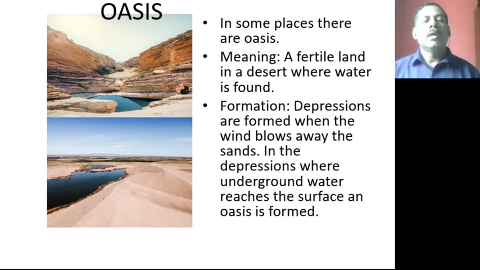So the big waves of the wind will take away the sand of that area, and big depressions will be formed, where underground water reaches the surface and an oasis is formed. So the topmost portion of the sand will be taken away by the wind and you will be finding the water that is called an oasis. And near the oasis only, the African people cultivate different types of crops.